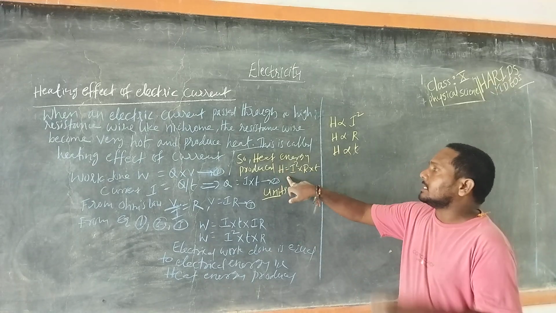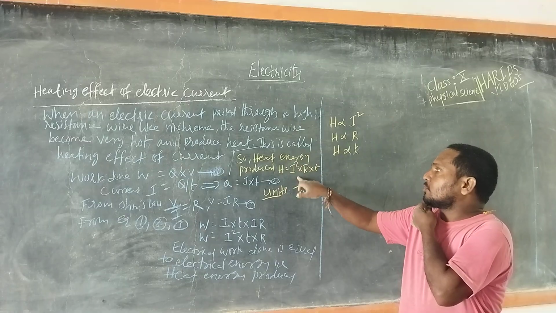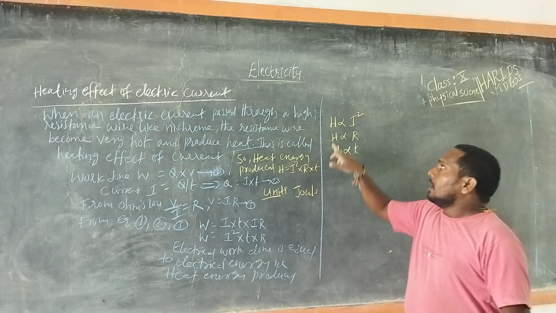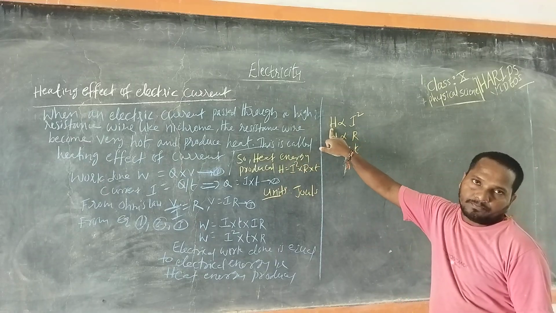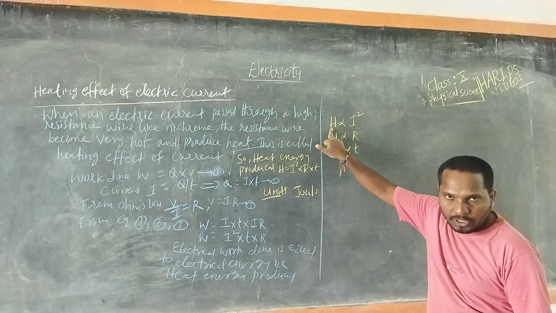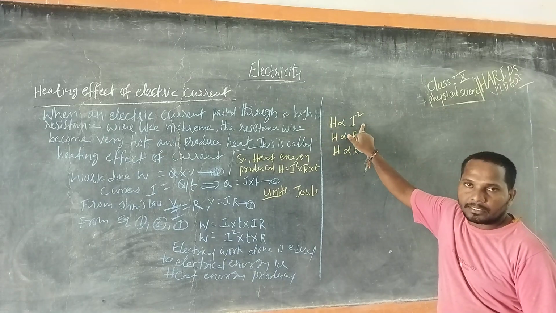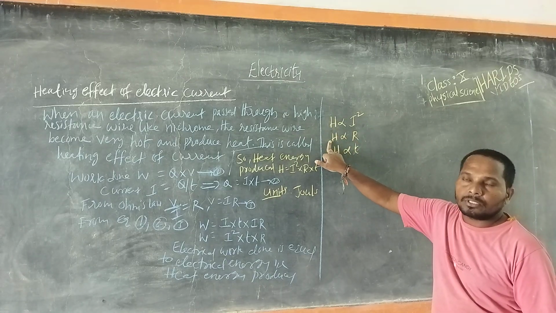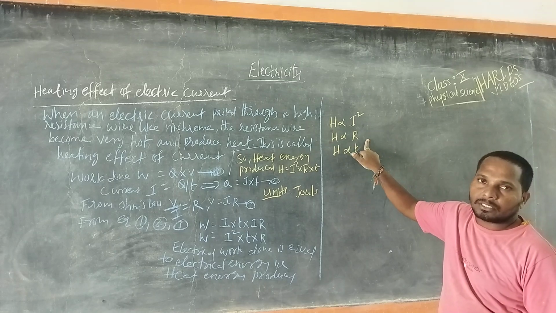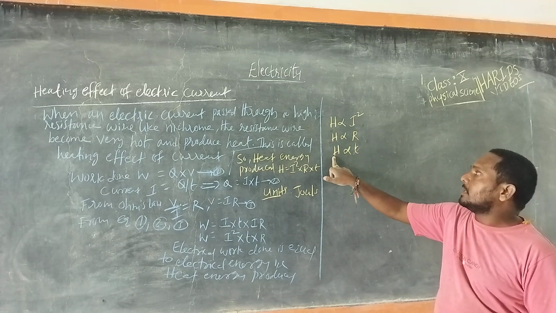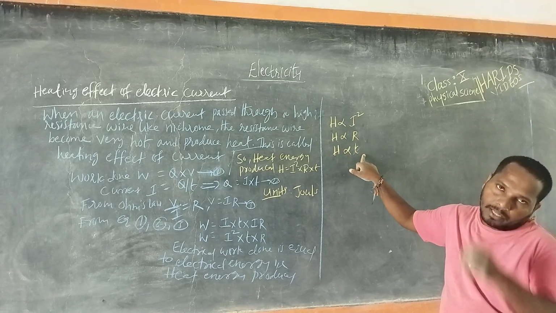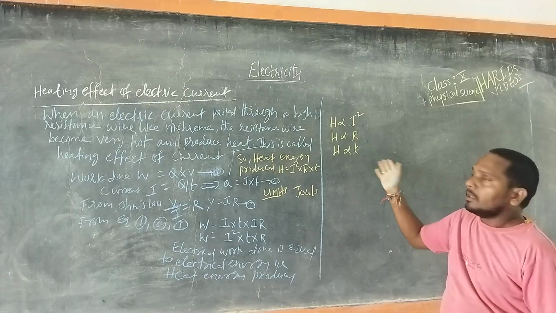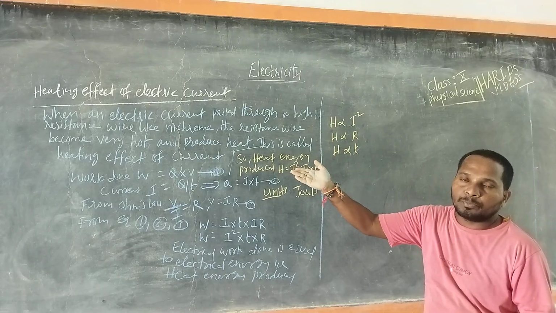By observing this equation, H is equal to I square into R into T. Heat energy produced is directly proportional to the square of current. Heat energy produced is directly proportional to the resistance of the resistor. Heat energy produced is directly proportional to time. If current flows for more time, more heat energy is produced.